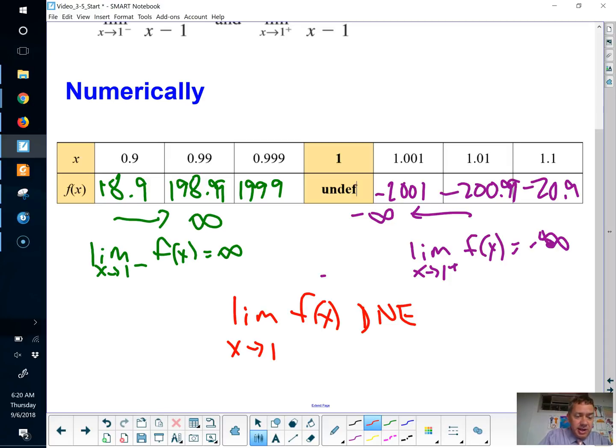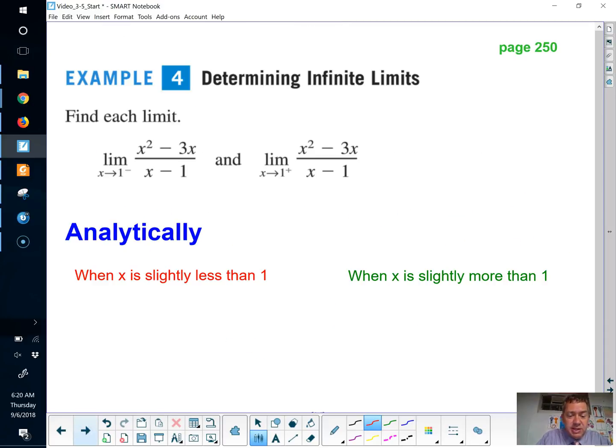This can be the biggest challenge, but we'll think about this. This is involving thinking. When x is slightly less than 1, what do you have going on? Numerator: 3 times x is bigger than x squared if x is close to 1.